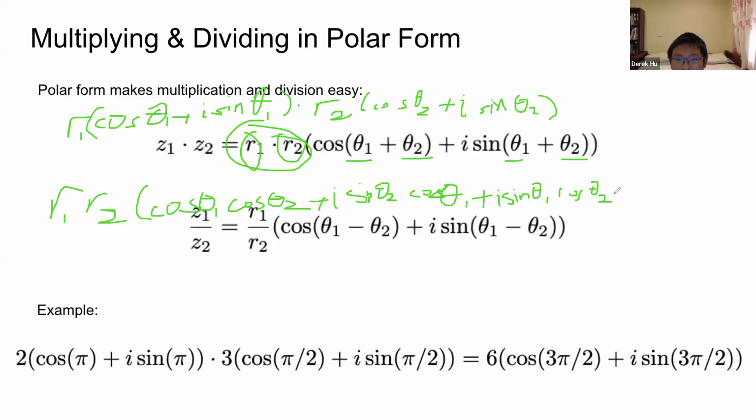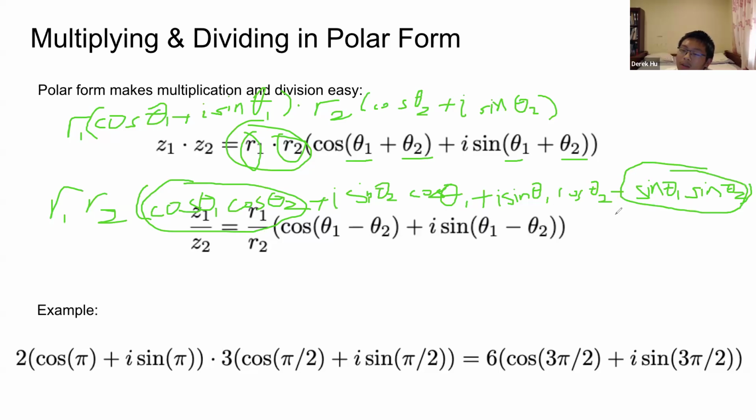And then we have two i's, so it's minus sine theta 1 sine theta 2. Okay, so now we can notice that for the real parts, we have cosine theta 1 cosine theta 2 minus sine theta 1 sine theta 2.